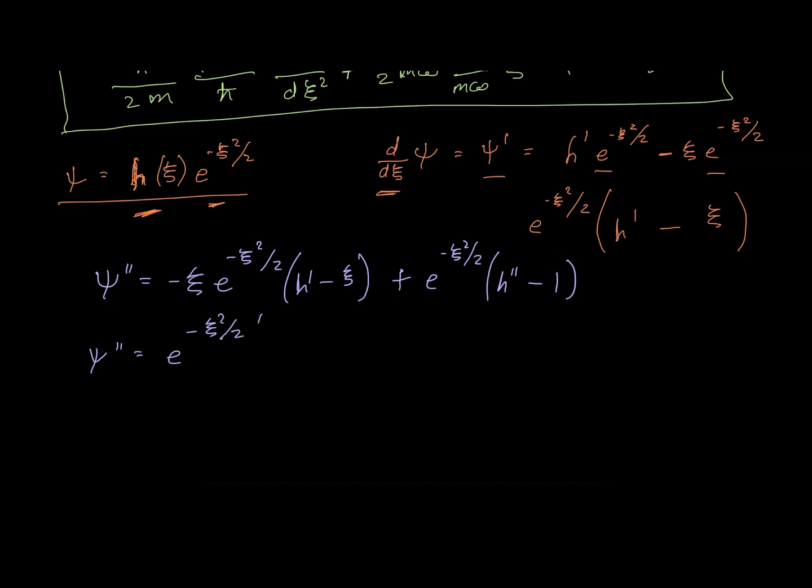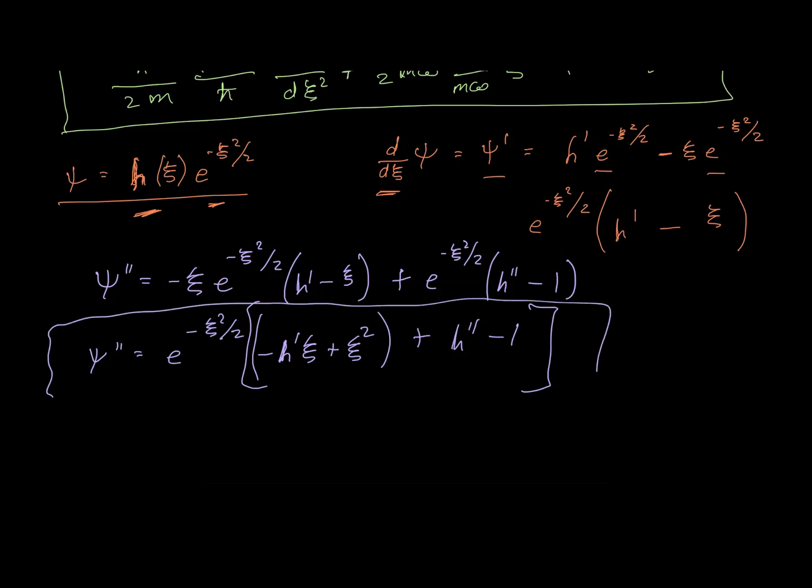Then we're going to get minus h prime c plus c squared, plus h double prime minus 1. I'll put a bracket because this goes on all that. So, okay, good. So this is our psi double prime.